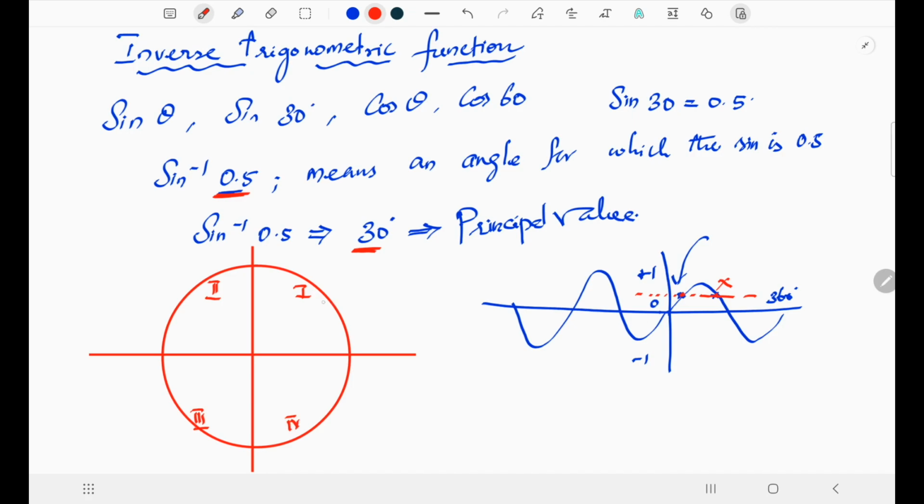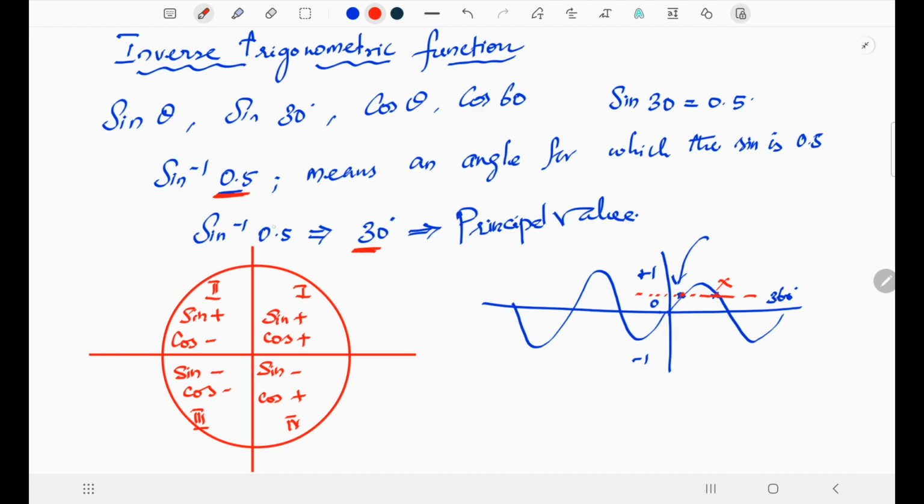In the first quadrant, sine is positive, cos is positive. In the second quadrant, sine is positive, cos negative. In the third quadrant, sine negative, cos negative. Fourth quadrant, sine negative and cos positive.